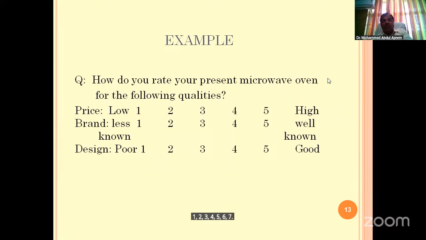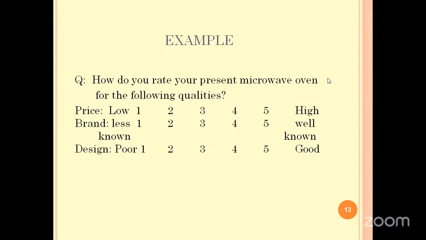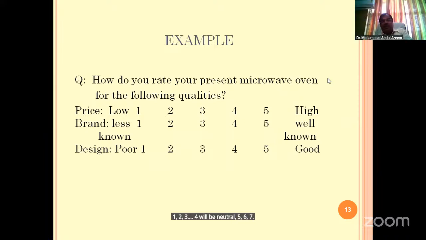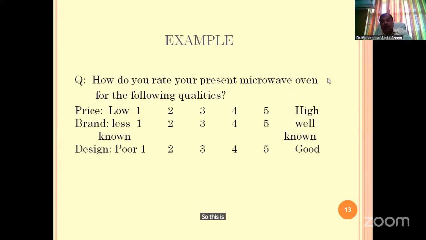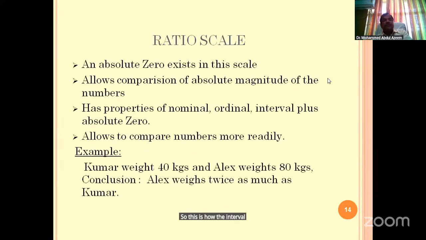Then what is the neutral if it is a 7-point scale? 1, 2, 3, 4 will be neutral, then 5, 6, 7. 7 is good and 1 is poor. The distance between those two is the same. The distance between 2 and 6 will be the same. The distance between 3 and 5 will be the same. So this is how the interval scale works.